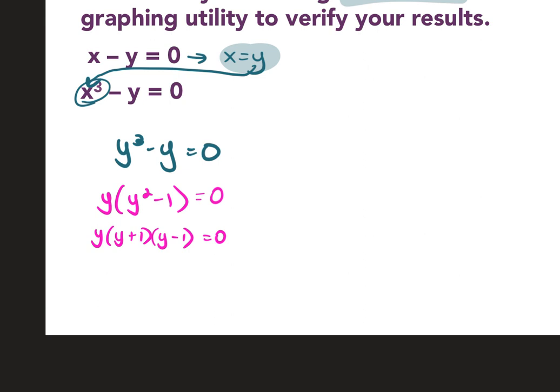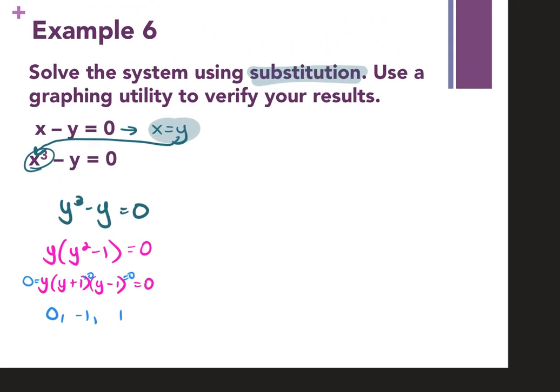How many y's are there? 3. Set this equal to 0, set this equal to 0, set this equal to 0, and I have 0, -1, and 1. That means there are 3 ordered pair combinations. One where y is 0, one where y is -1, and one where y is +1.